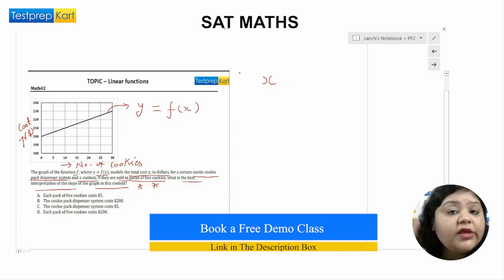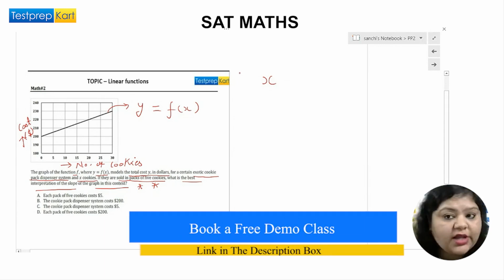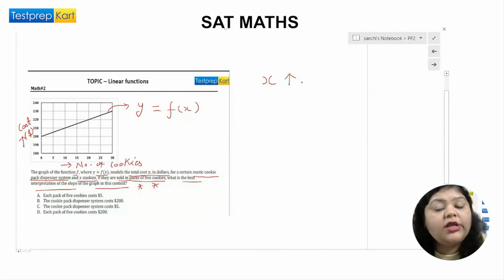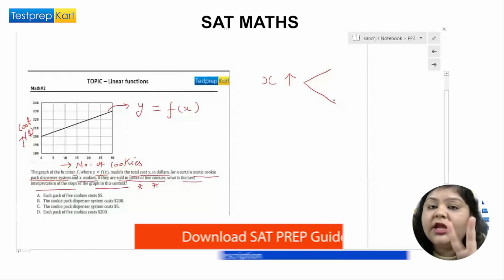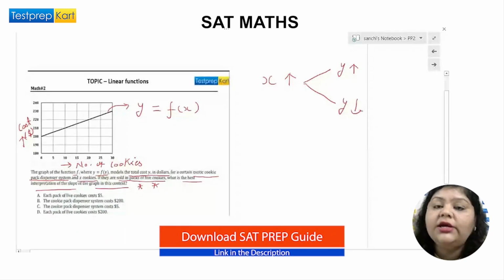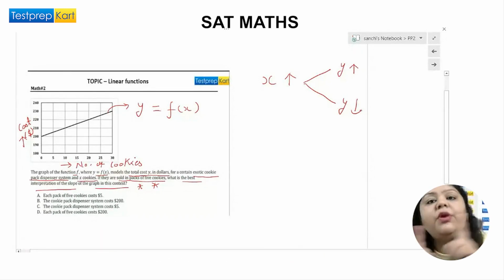It will always increase. But on increasing the value of x, how is y changing? Y can either increase or decrease, because y is a dependent variable.